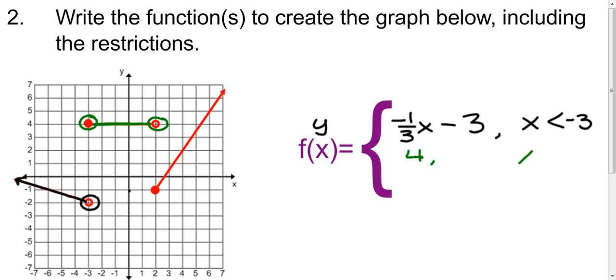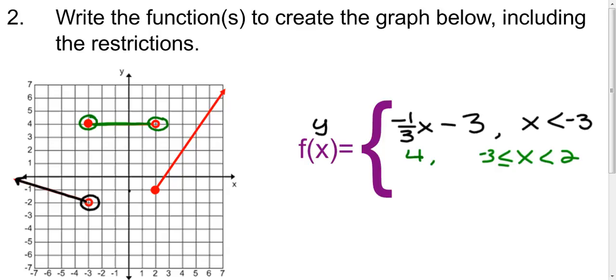So here my x values are basically between -3, notice it's underlined because at -3 it's a closed circle, and 2, which I'm not going to underline because at 2 it's an open circle.